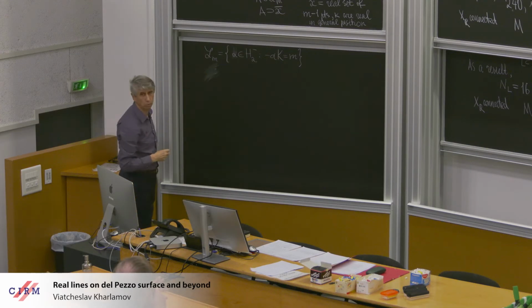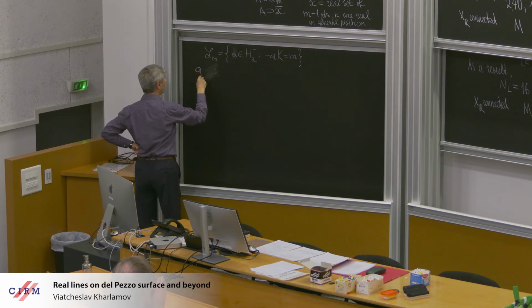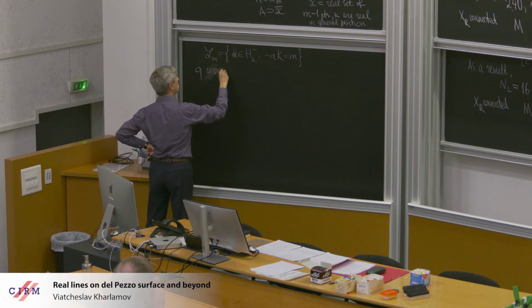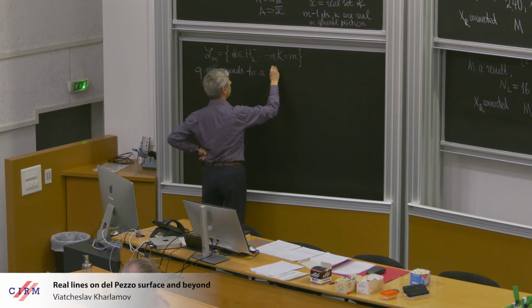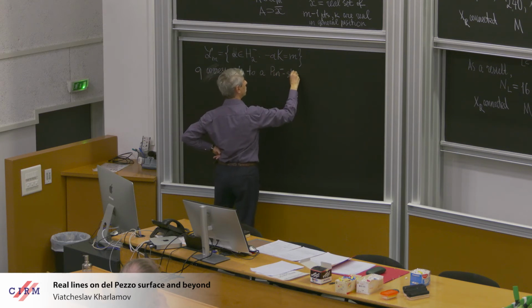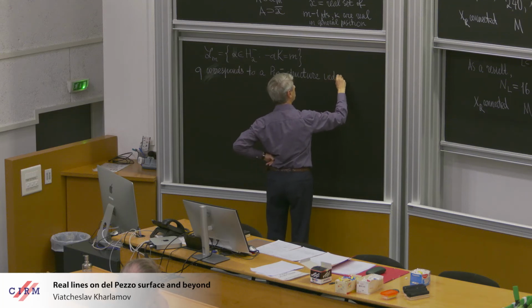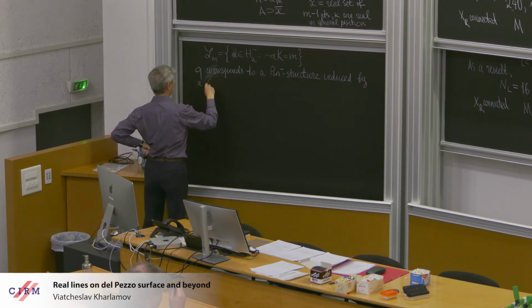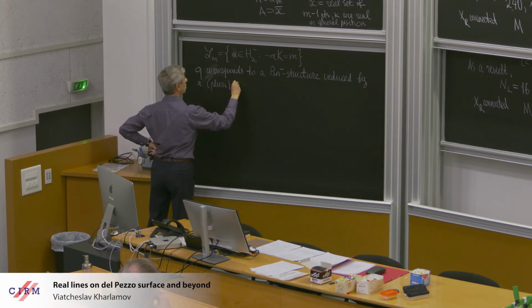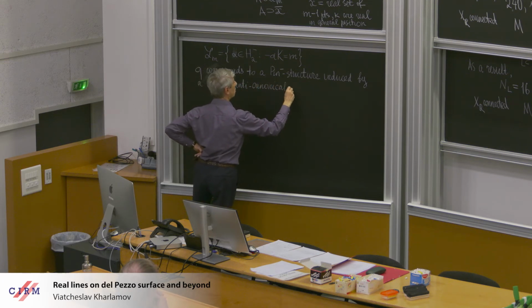So to explain what is Q, Q corresponds to a Pin minus 1 structure induced by the anti-canonical embedding.